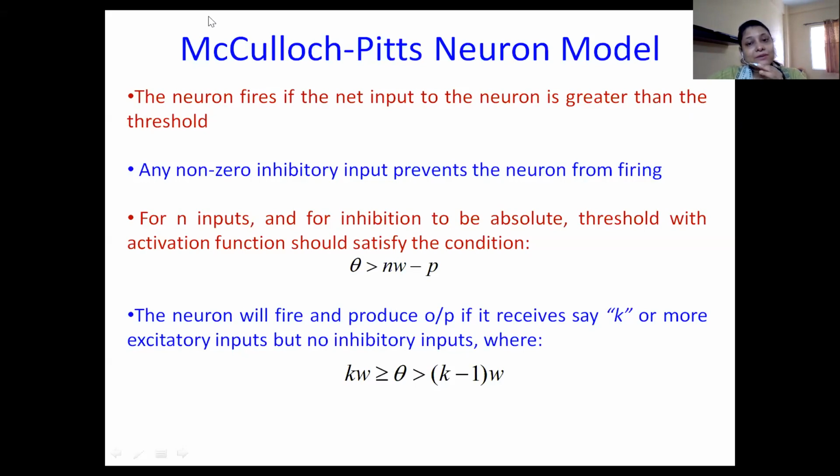So every time we are going to fire this particular neuron in the McCulloch-Pitts neuron model, one thing we must make sure of is that we look at the weights as well.